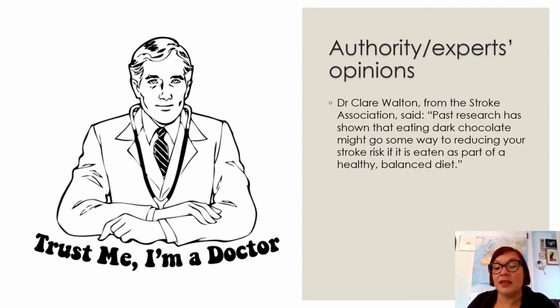They will look something like this, like there will be a person and they will be quoted as saying something. So they will be an expert or an authority in something, and you will see a quote. So it's very easy to look out for the facts and statistics because you see the numbers, and for the authority or experts' opinions, very easy to find them because you've got the direct quotation to look out for.